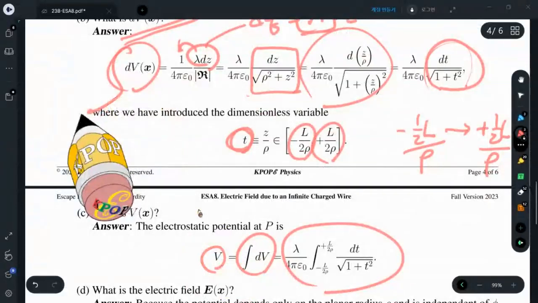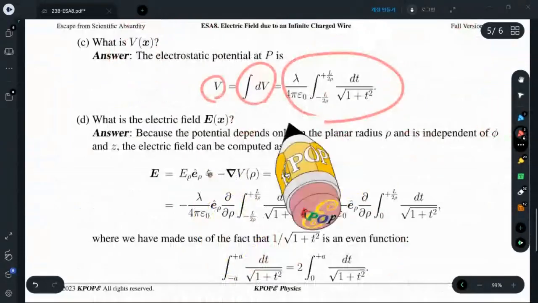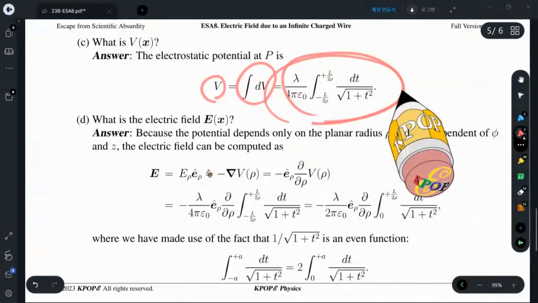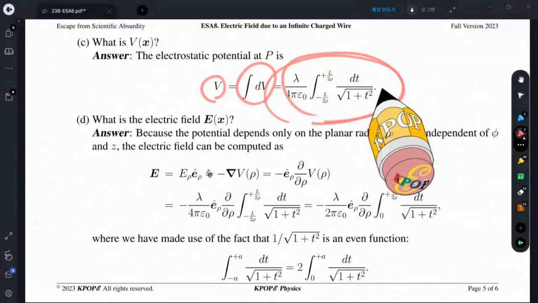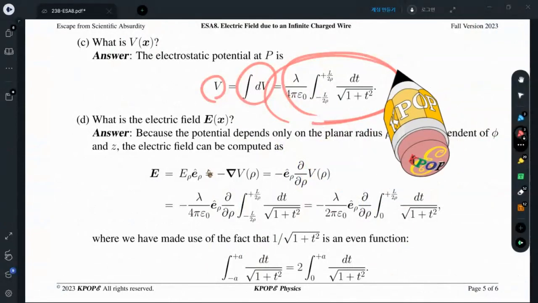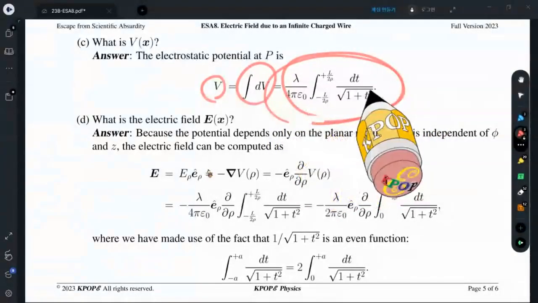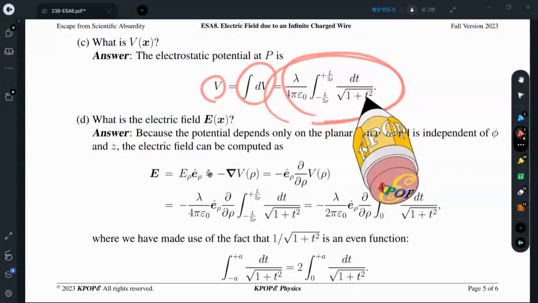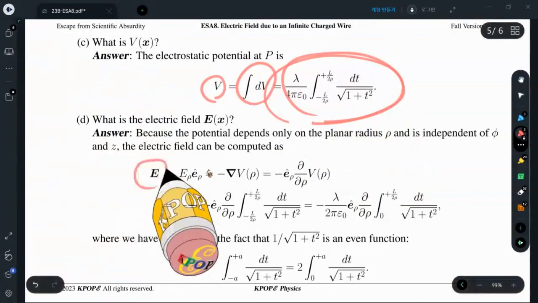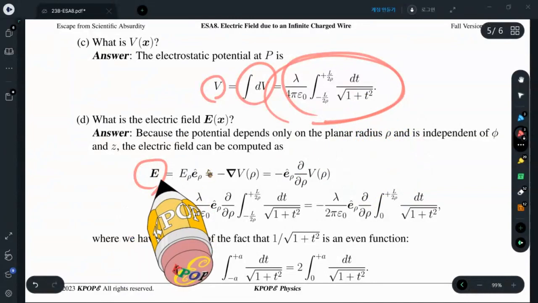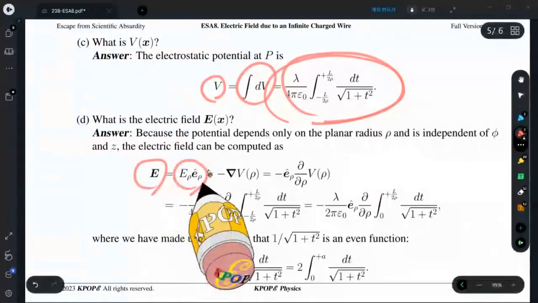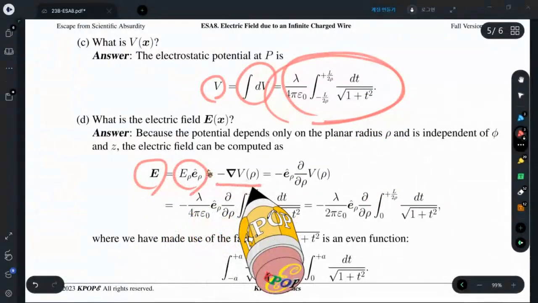What I need to do is just to do the integral. So I could have used the integral table I obtained previously on the first page. However, I'd like to take the derivative of this because what I'm interested in is not the integral table, but the electric field. So the electric field can be obtained by taking the derivative.